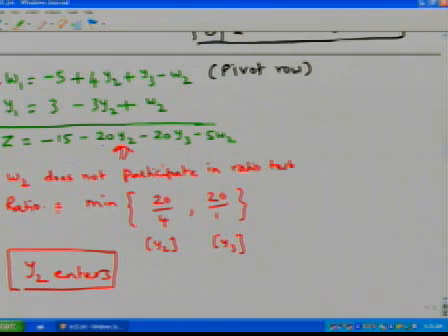So for y2, it's going to be 20 divided by its coefficient in the pivot row as long as it's positive. So it's 20 divided by 4. Similarly, for y3, it's going to be 20 divided by 1. And W2 is not going to participate, because it has a negative coefficient there.